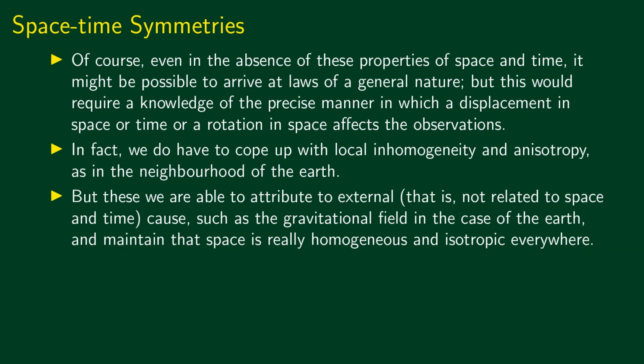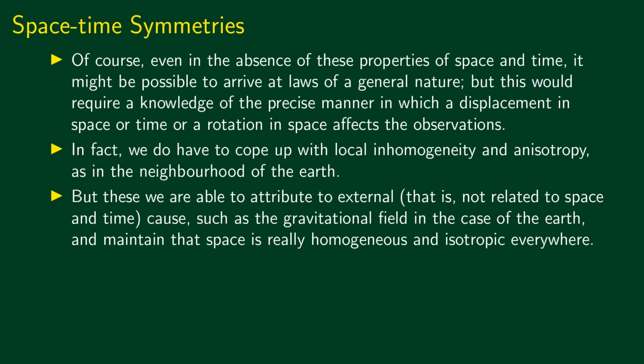Similarly, we know that the acceleration due to gravity is not the same everywhere on Earth. So for example, if we calculate the period of a simple pendulum, it can change from place to place, because the acceleration due to gravity changes from place to place. This is actually an inhomogeneity. This is also a local effect. You don't have to think of it as an inhomogeneity of space itself.